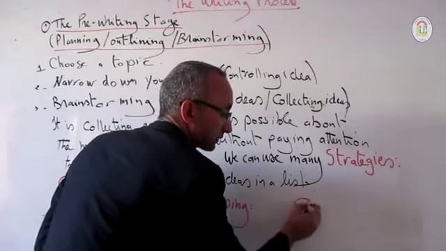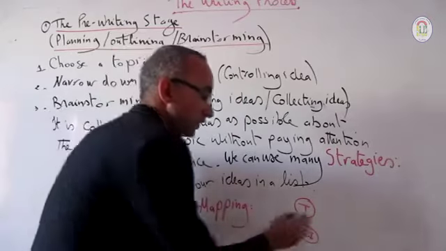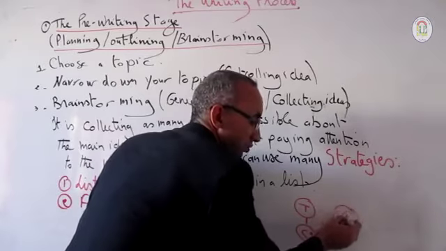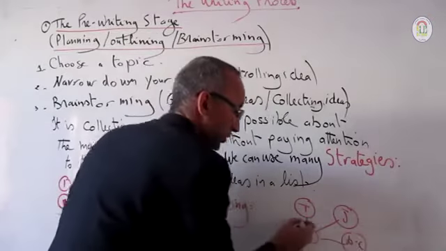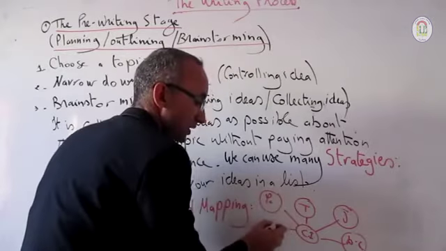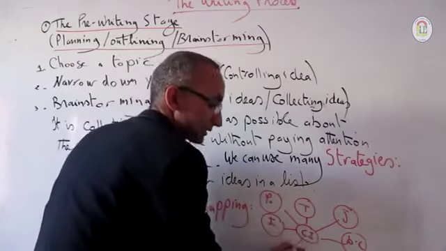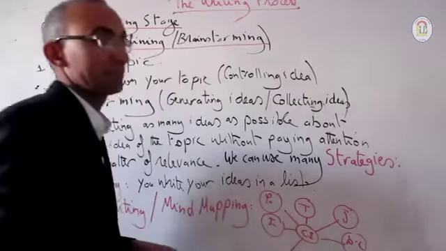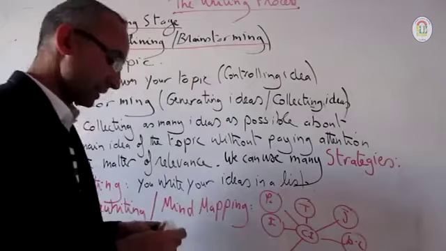Whenever you have a new idea about the topic, you attach it in a circle, the same form. For example, here, joblessness. Here I have bad company. Here I have the absence of parents, death of parents. Here also I have immigration as an example, as a cause. And whenever you find a new idea, you attach it in the form of a map to the central circle of your map. Clear? Good.